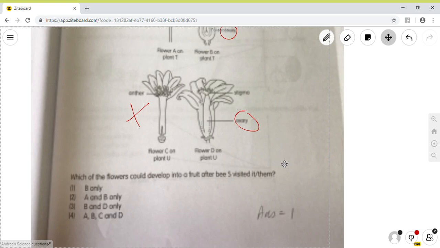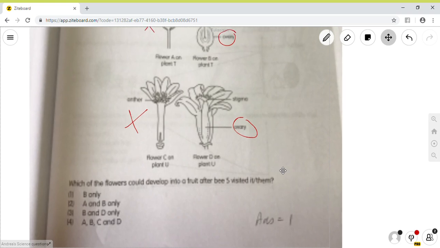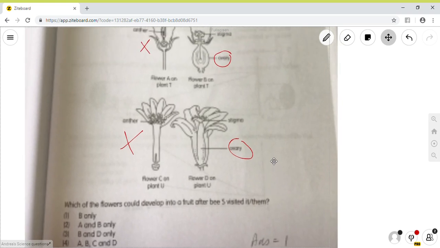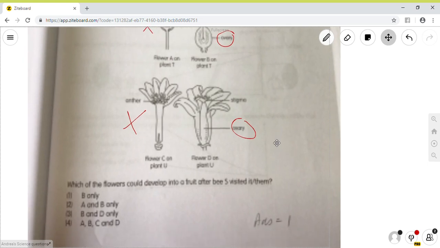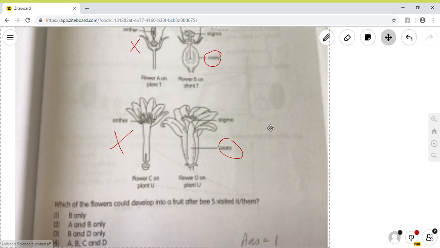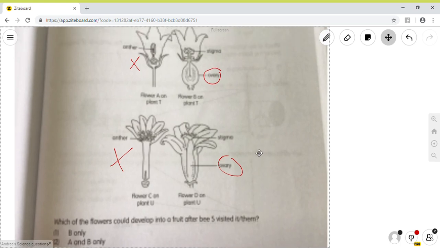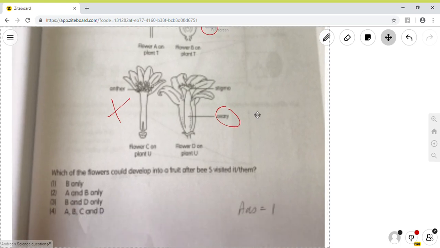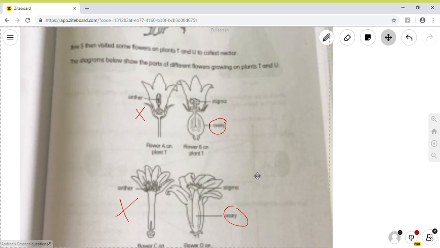So B, stigma. B only. BD. Eh? How about D? Which of the flower could develop the fruit after B? Then what's wrong with D?